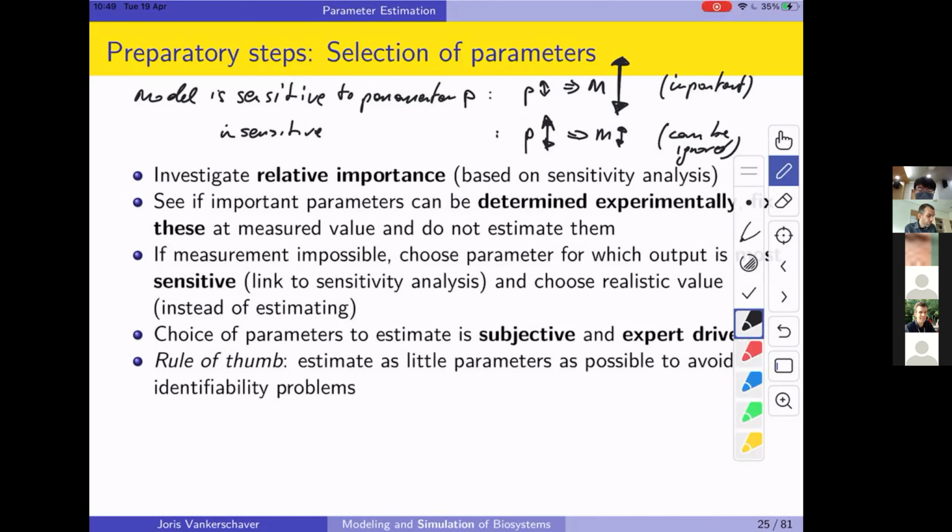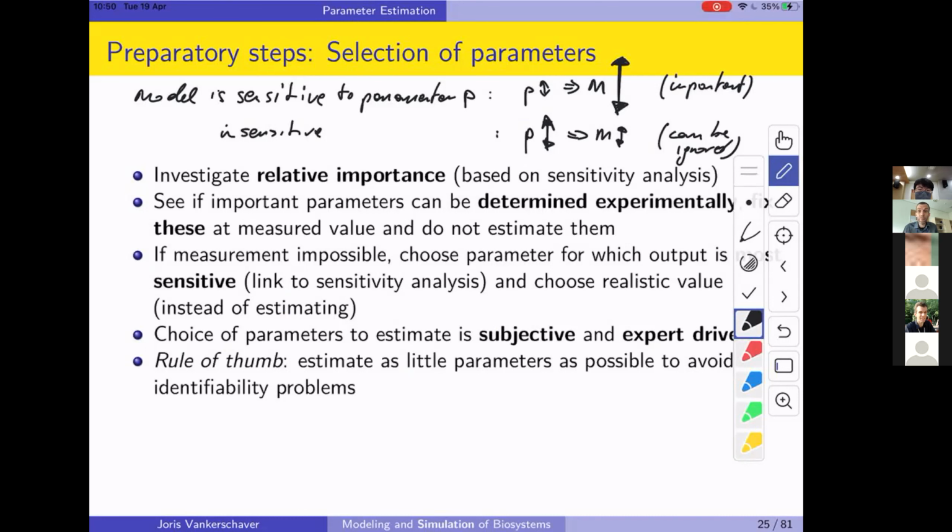Another thing that you can do is this: parameters basically don't come out of the blue. You typically don't start with a completely blank slate with no idea of what this parameter is going to be. Let's say a kinetic rate for a chemical reaction. You probably have some prior knowledge about what that kinetic rate is likely to be.